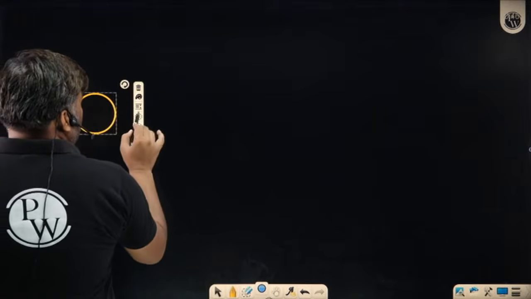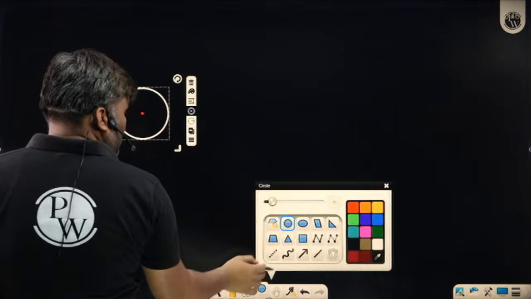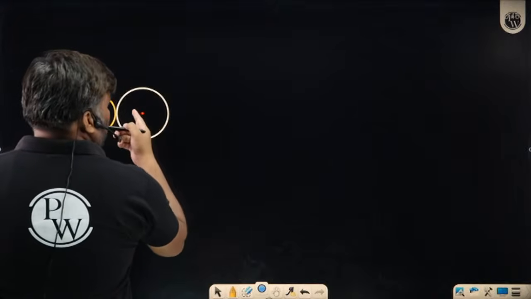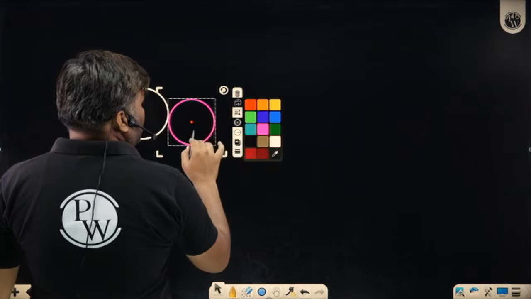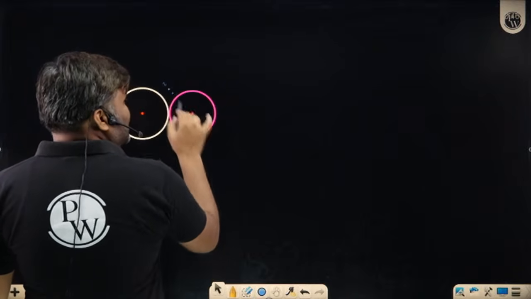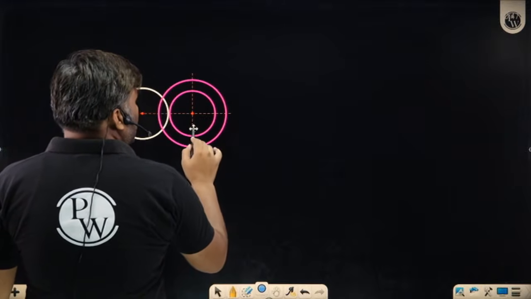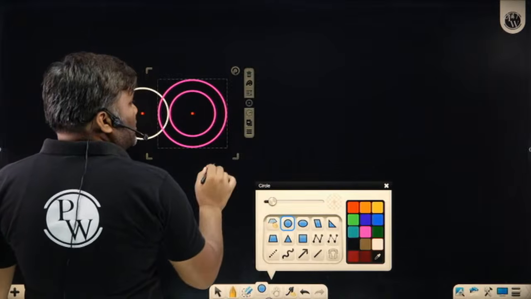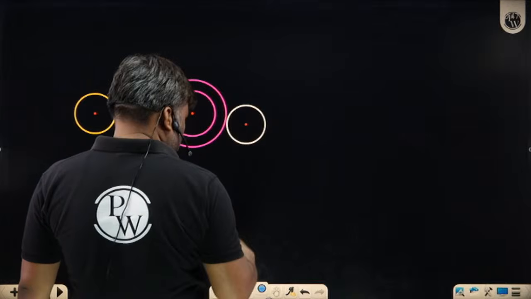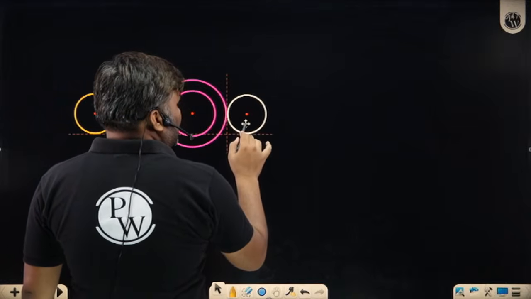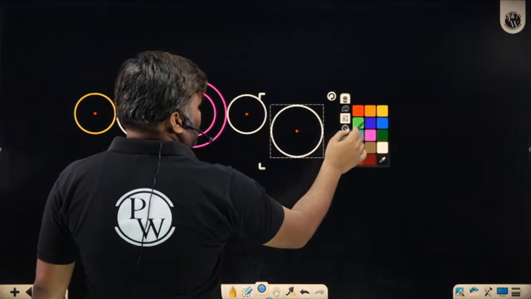Careful, this is my gear 1, 1 is driving gear number 2, 2 is rotating, 2 is driving gear number 3. 3 is compound with another gear, gear number 4. 4 is driving gear 5, and this 5 is driving gear number 6.